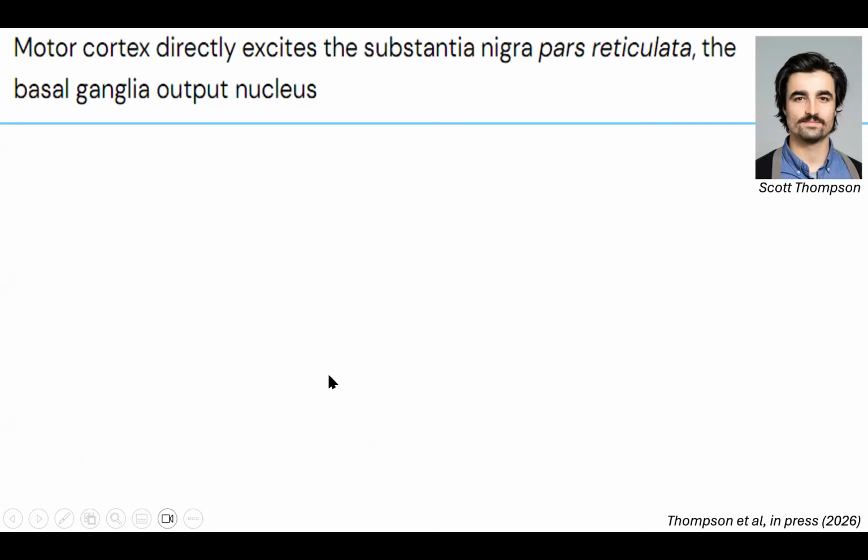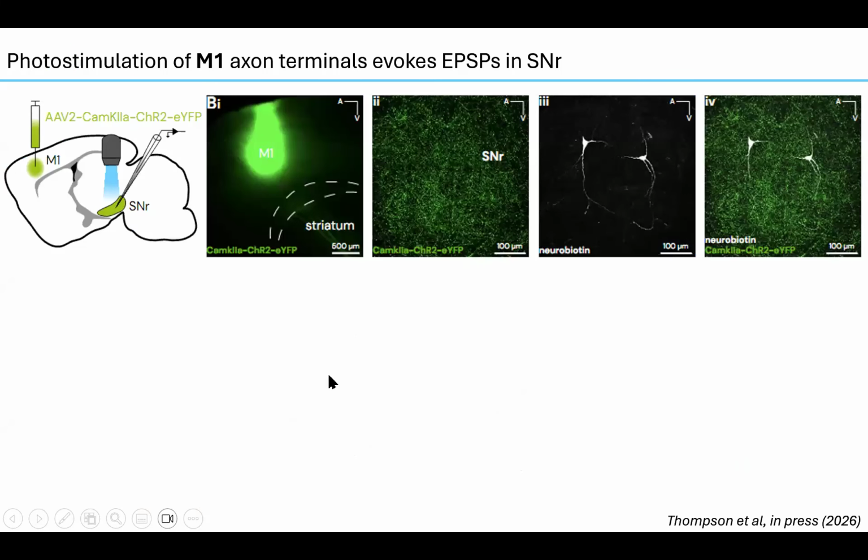So a PhD student in the lab, Scott, took it upon himself to characterize this pathway. And what we did at first was just the same type of experiment, expressing channelrhodopsin in motor cortex, M1 is primary motor cortex, recording from cells in the substantia nigra and seeing the responses. You can see here already anatomically a lot of axons coming from the cortex to the SNr.